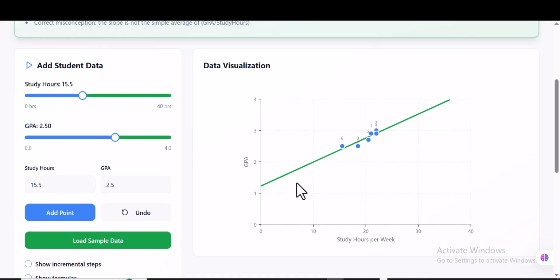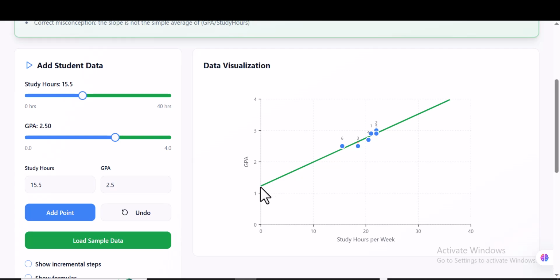The regression line is called the model line as well. There are two parameters which are important. Please note that the first one is the y-intercept. Y-intercept is the point where the regression line cuts the y-axis. Here if you look closely, this is the point where the regression line is cutting the y-axis.